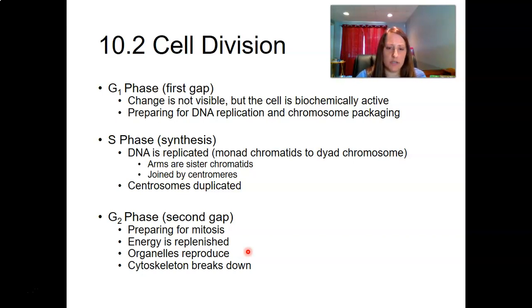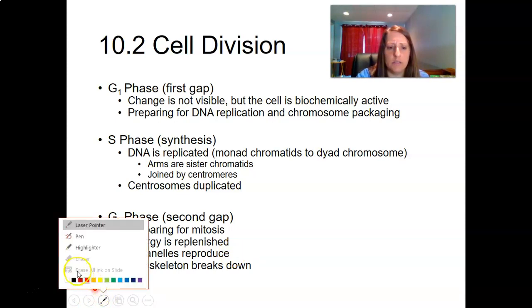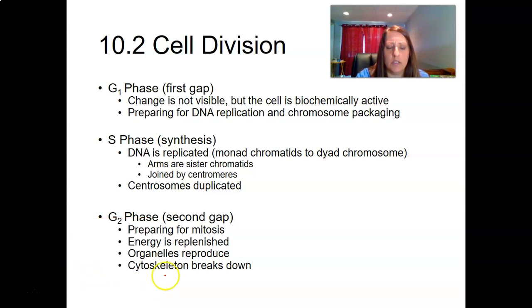So if we were to take a look inside of that cell, and I'm going to draw a chromatid. The DNA is not this condensed, but just for the sake of being able to actually see it, we would go from 46 of these one-armed chromosomes, or monad chromatids, monad meaning one arm, and the chromatid is an arm of a chromosome.